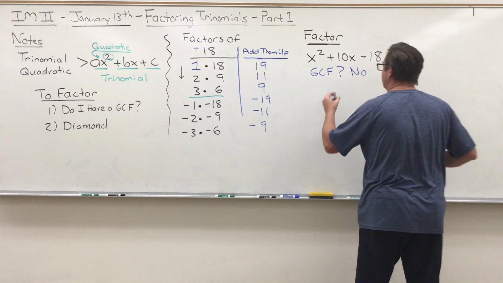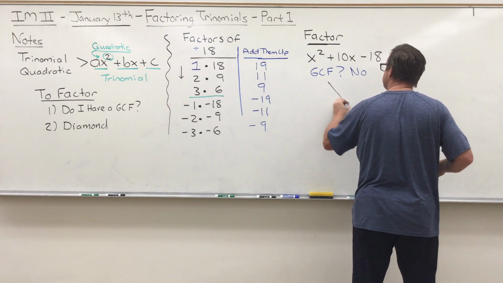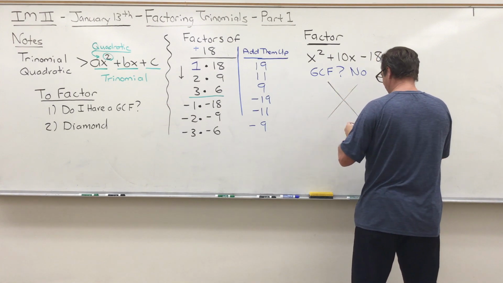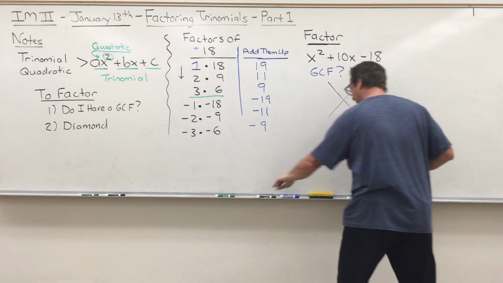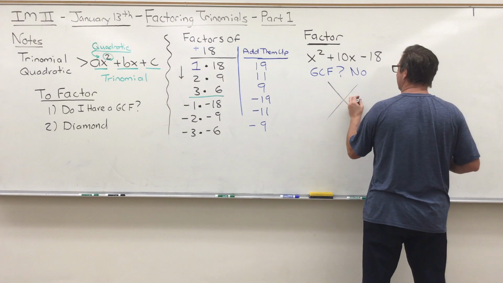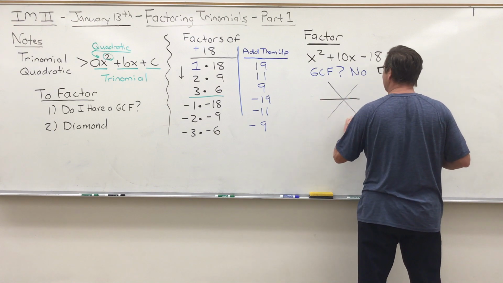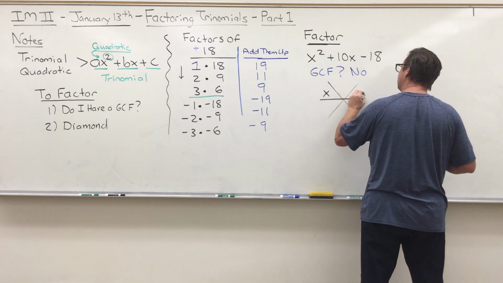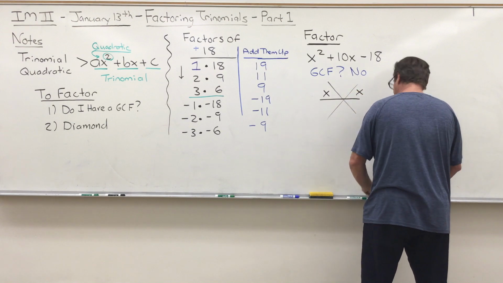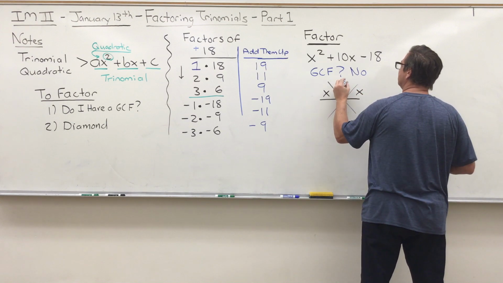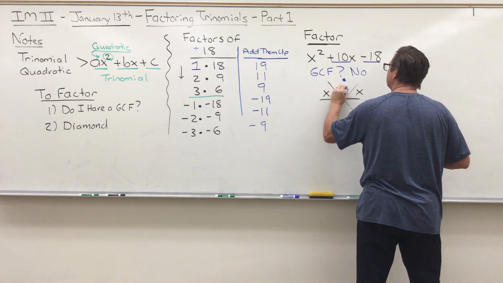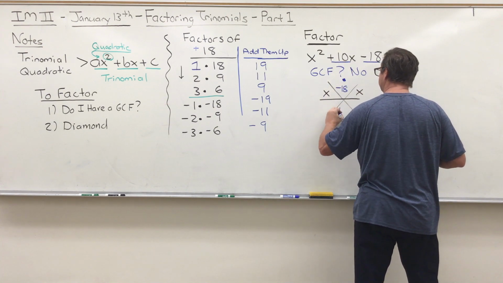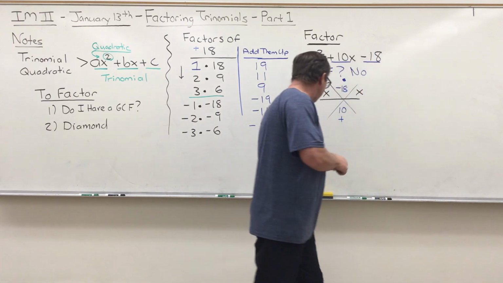And let's make our diamond. Let's get rid of this black marker. Missed it. All right. We're going to go ahead and put that in. X and X. Negative 18 and positive 10.